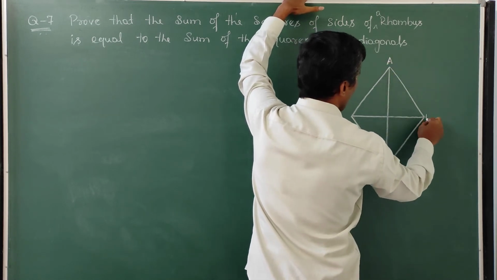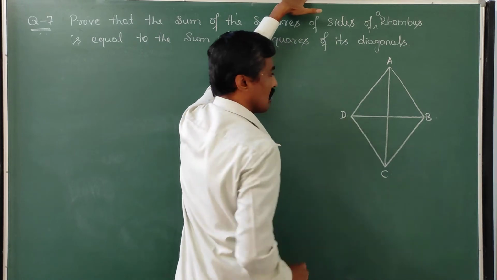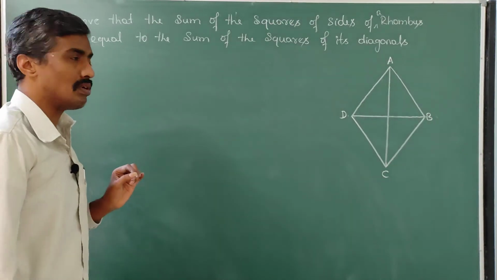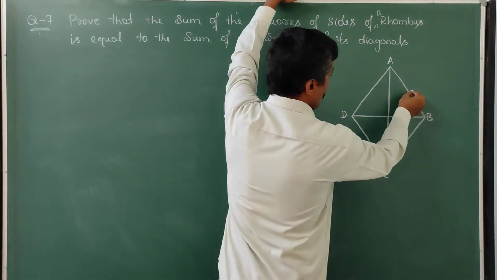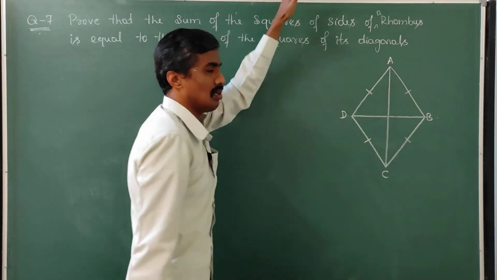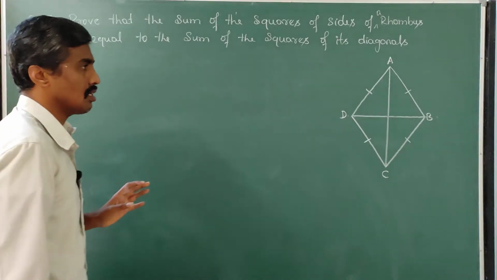Name the rhombus as ABCD. The first property of the rhombus is all sides are equal. This property you have learnt in the 9th standard. All four sides of a rhombus are equal.